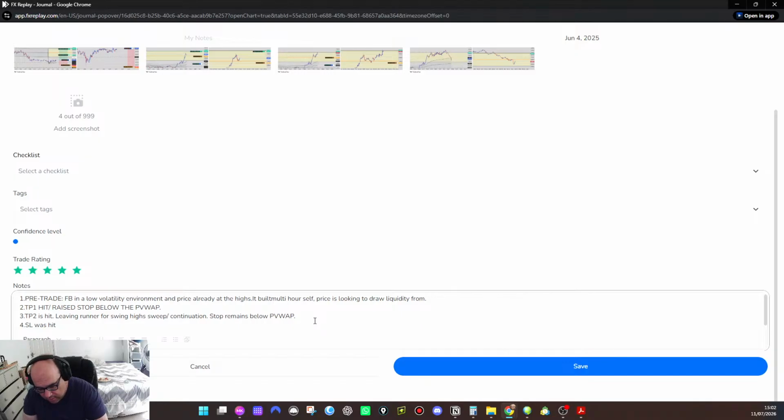TP3 never reached, as I was expecting a breakout. So we can save that.